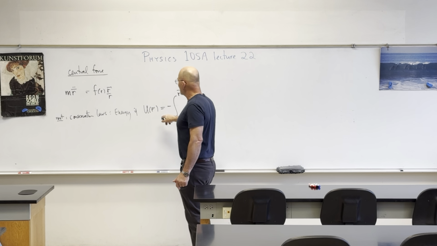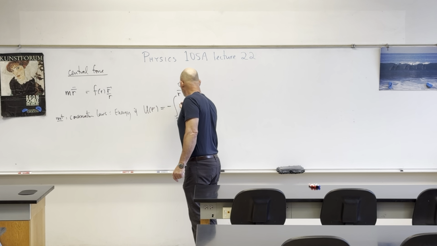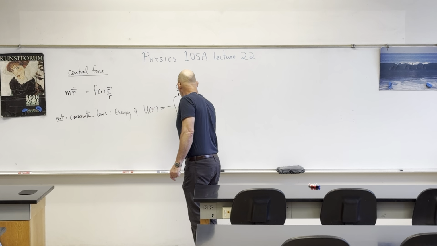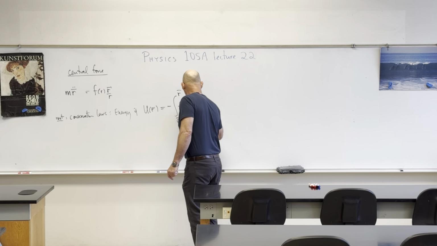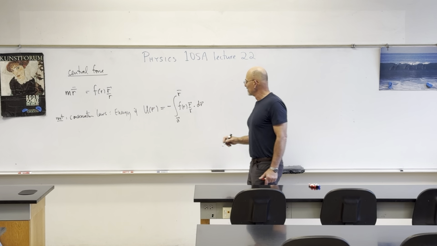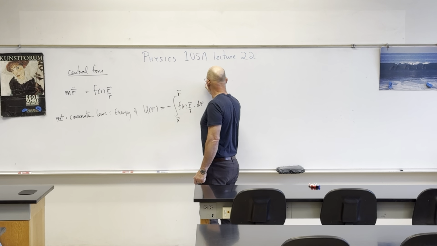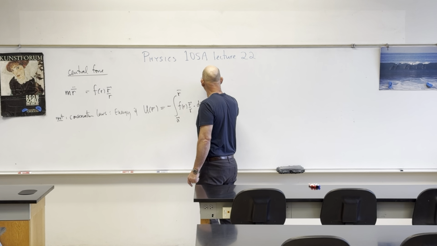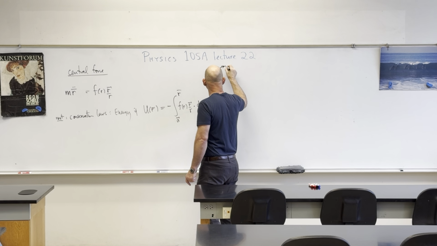So our potential energy is going to be minus the integral of F(r) r over r dot dr along a contour from some point A to some point r.